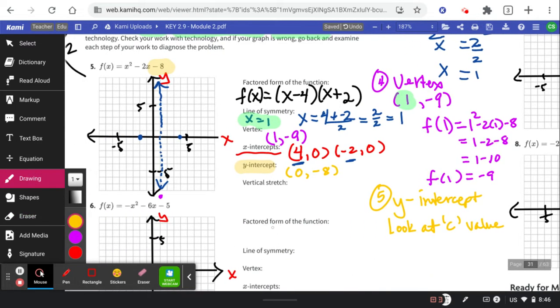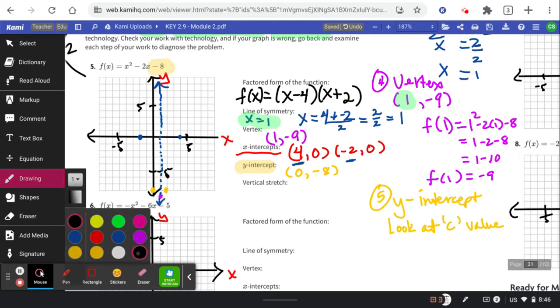Okay, so let's go put a dot at 0, -8. And we know symmetrically that if there's a dot right there on the parabola, there's also a dot on the other side in the same space. Okay, so go connect it.